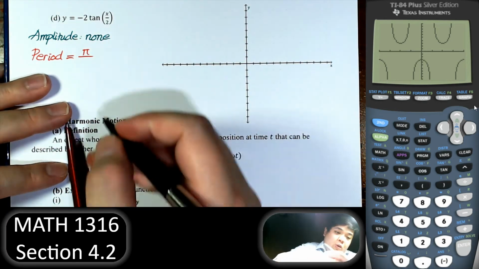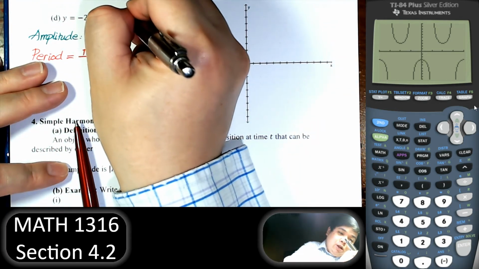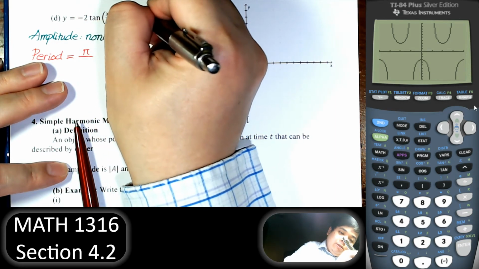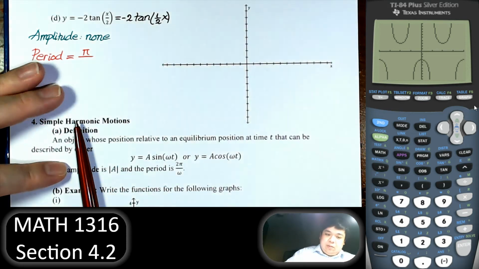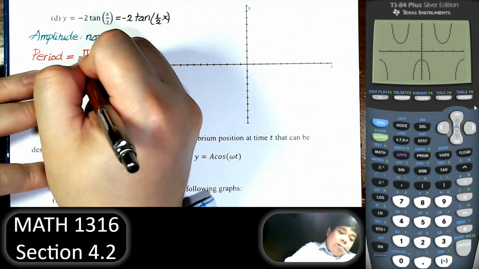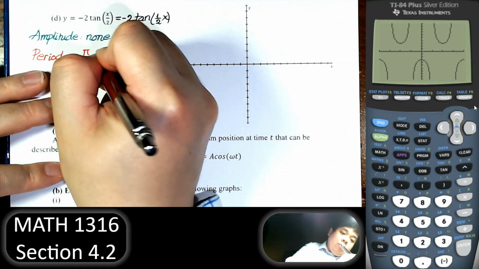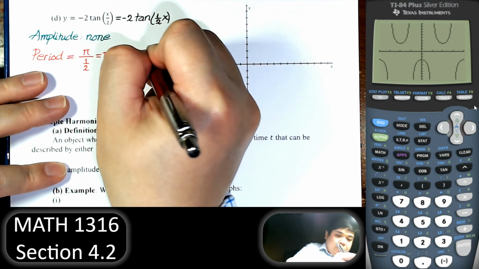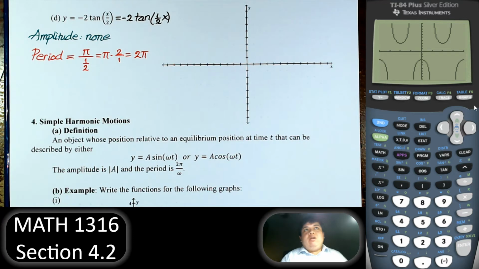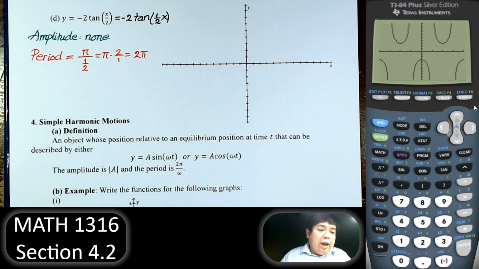If you want to rewrite this, you can write it as -2 tangent of 1/2 times x. So the coefficient of x is 1/2, and we multiply by the reciprocal, so the period is 2 pi. Then how do we graph it?